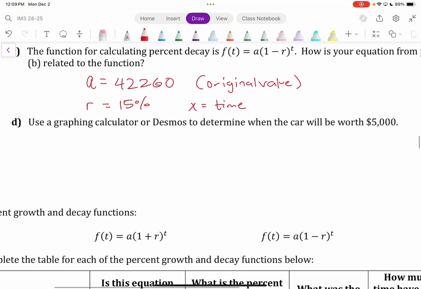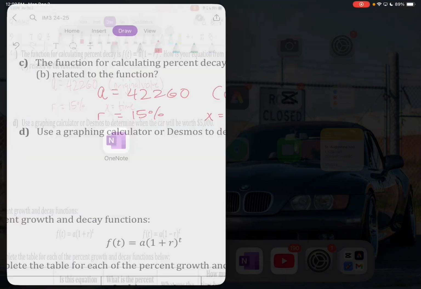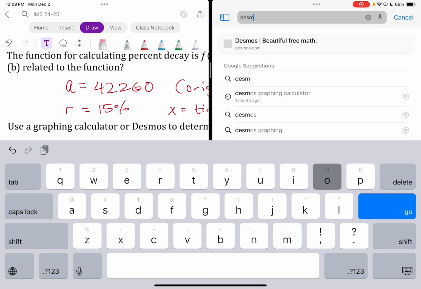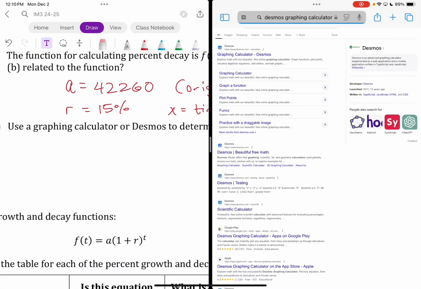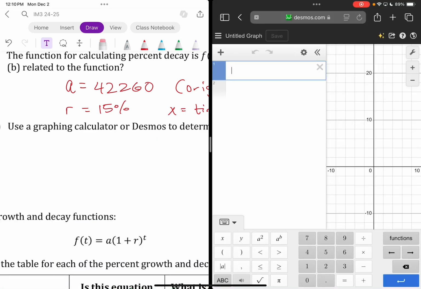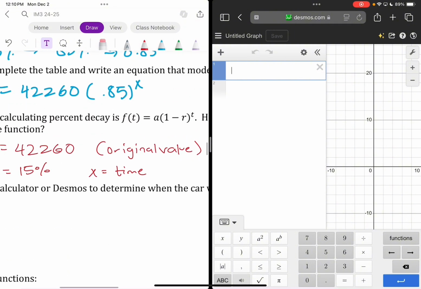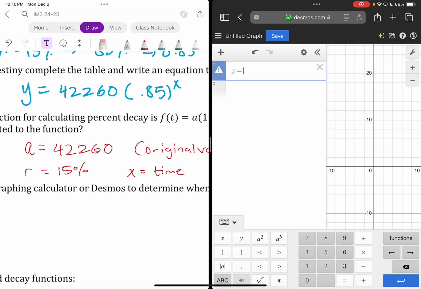Using a graphing calculator or Desmos to determine when the car will be worth 5,000. Let me go ahead and show you that right now. We do split view, and then let me open Desmos graphing calculator. Okay. So our function from up here is y equals 42,260 times 0.85 to the x power, and we want to figure out when that's equal to 5,000.